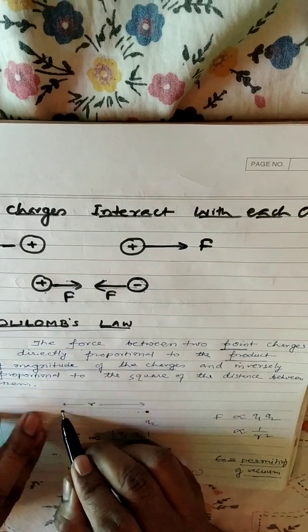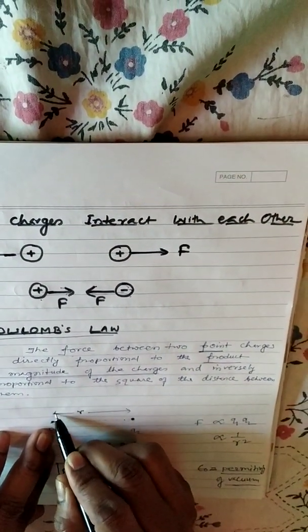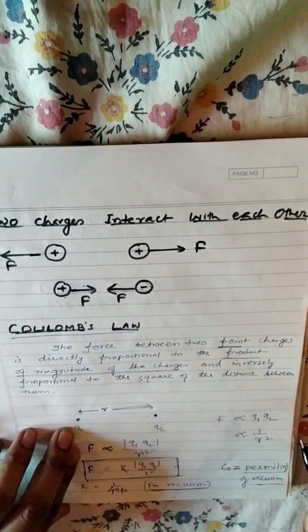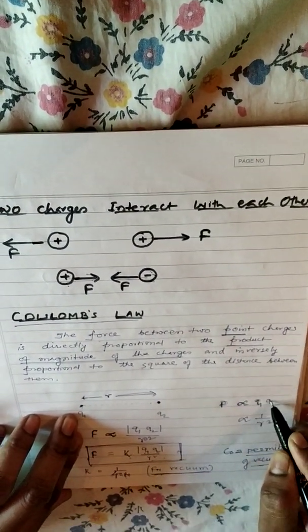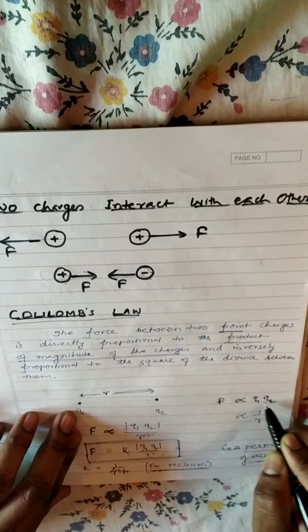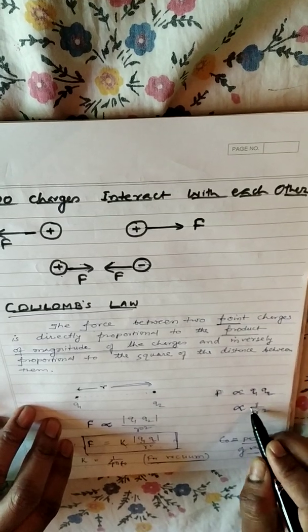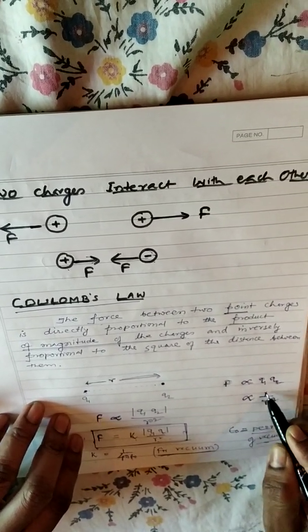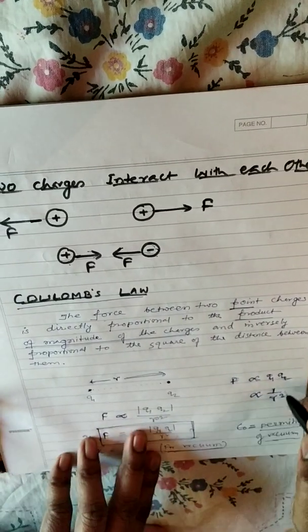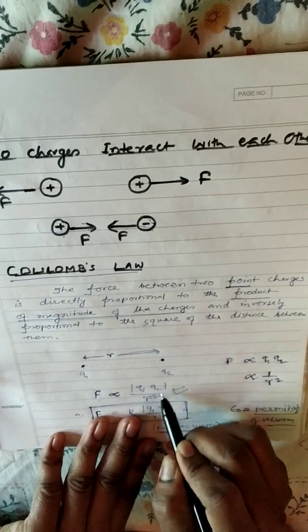That is, if two charges q1 and q2 are placed r distance apart, then force F is proportional to q1 q2, and inversely proportional to r square. So combining these two, F is proportional to q1 q2 by r square.